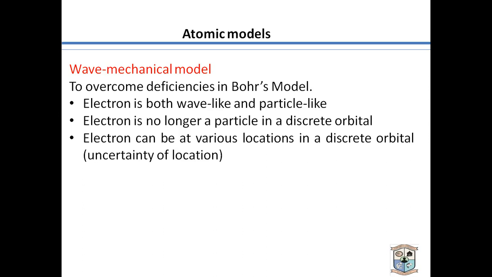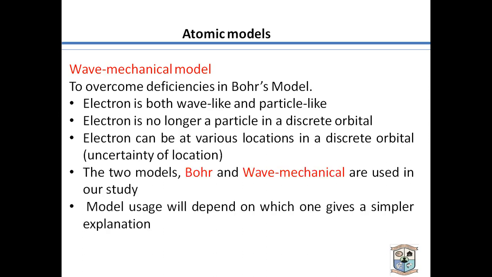That's the theory behind the wave mechanical model. Also, the two models, Bohr and wave mechanical, are used in our study, so we're going to apply both. Model usage would depend on which one gives a simpler explanation.